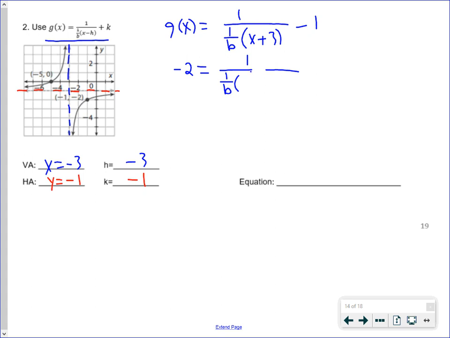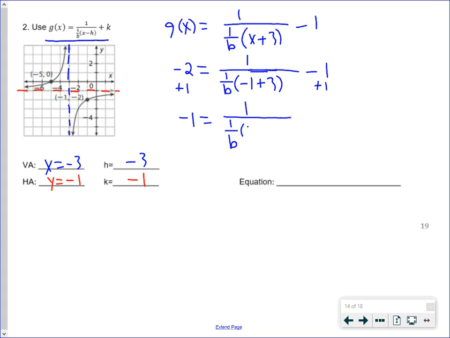So -1 is our x value, all of that plus 3, minus 1. Let's add 1 to both sides, then we get -1 equals 1, all over 1 over b.